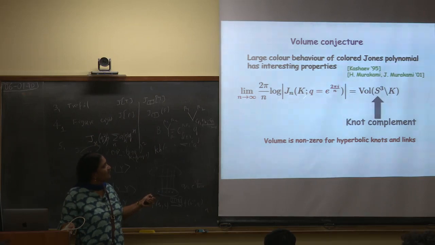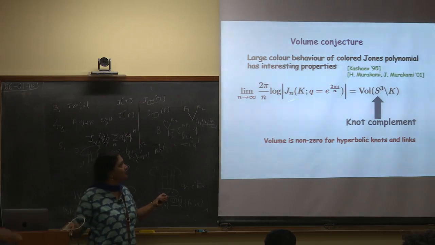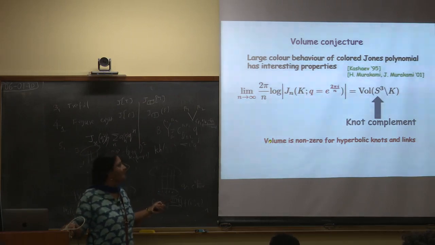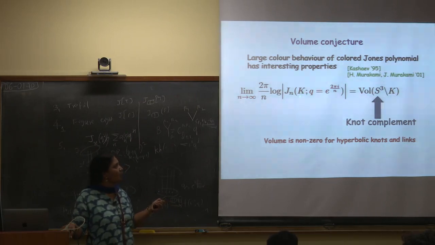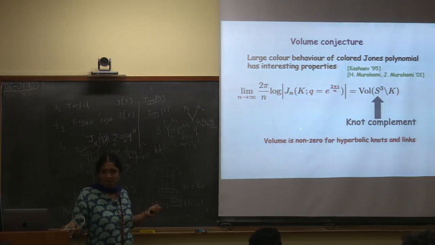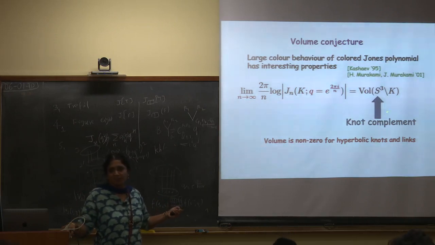What is interesting is Kashaev in '95 tried to show that the evaluation of a topological quantity can capture the volume of the corresponding knot complement: you take the knot, take the tubular neighborhood of the knot and remove it out of S3. That is what is called the link complement or the knot complement.